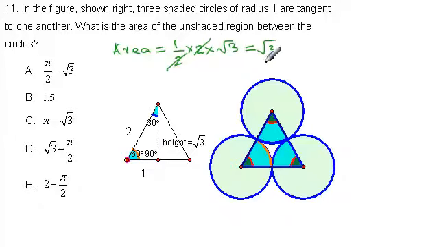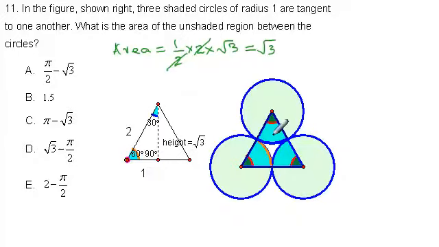But anyway, that part we will discuss. So after getting this much information, we can make an educated guess that the answer should be D, which is square root 3 minus pi over 2. But how come? I'm going to find out.